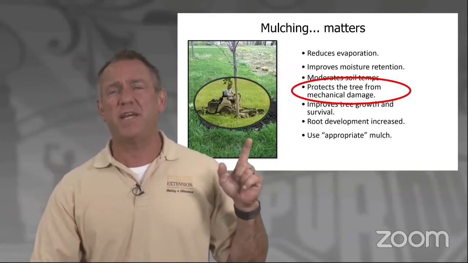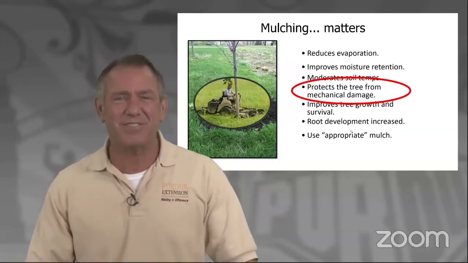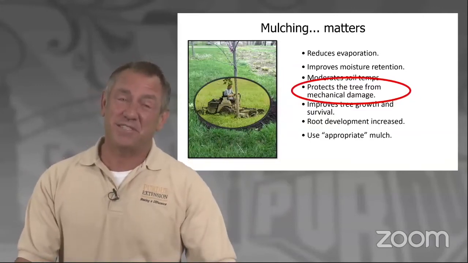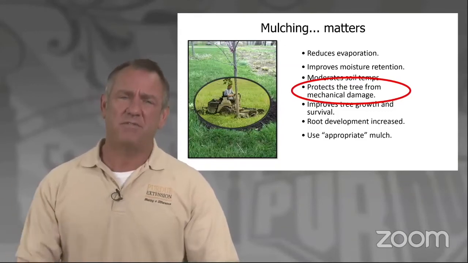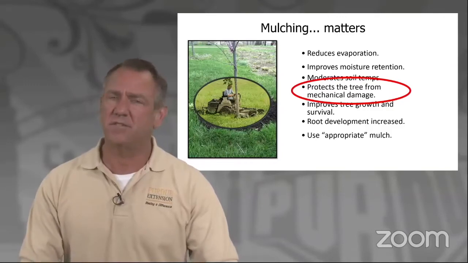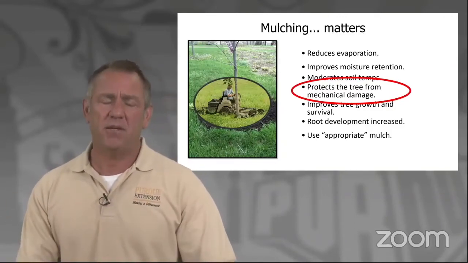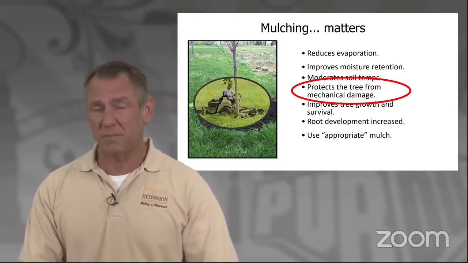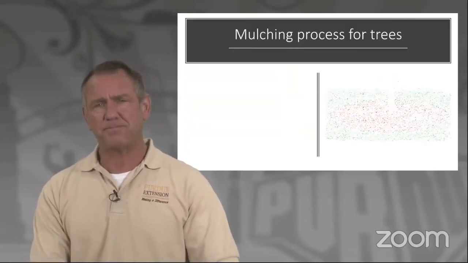And you know, they're moving around these trees at 40, 50 miles an hour, it seems like, and they try to get as close as possible to those trees, and as a result, oftentimes they ding the bark, which damages the vascular system and creates a wound, which is future decay and risk as the tree grows. So mulch keeps any type of mechanical lawn equipment away from the tree, which I think is so important to protect it above ground as well as below ground.